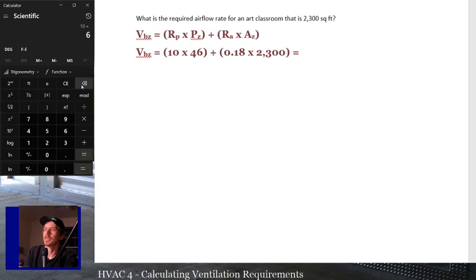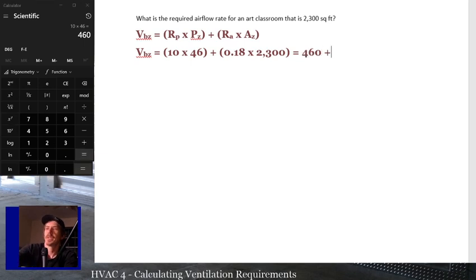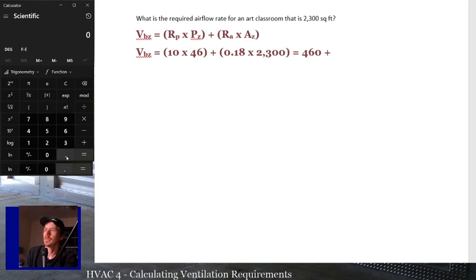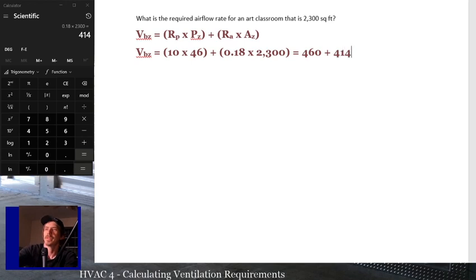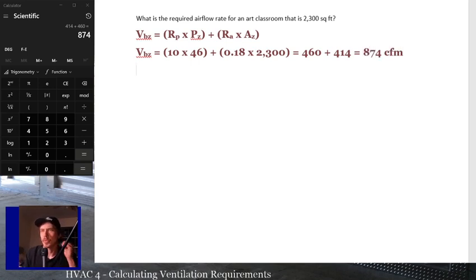Unless I'm crazy. 460 plus 0.18 times 2,300. 0.18 times 2,300 is 414. So 414 plus 460 equals 874 CFM that we need to the breathing zone.